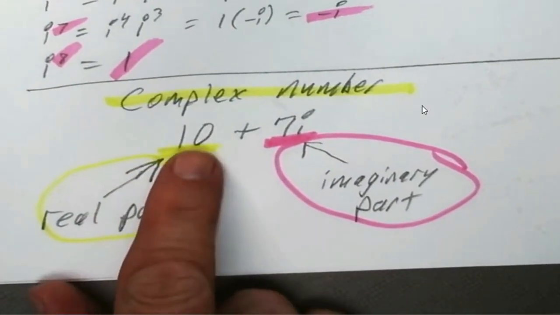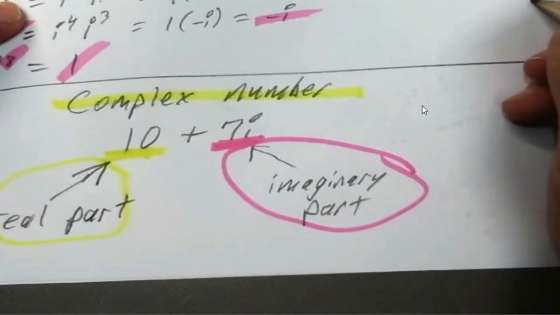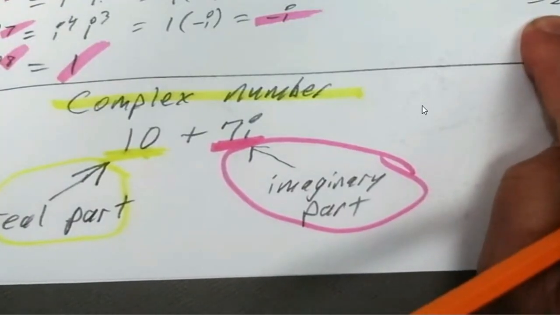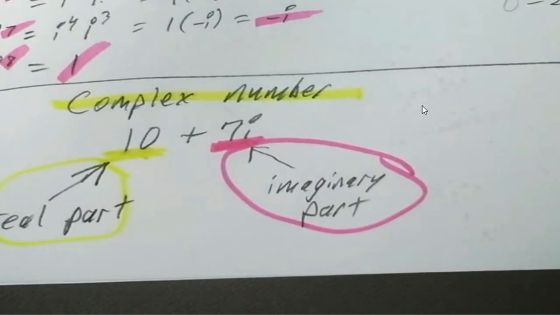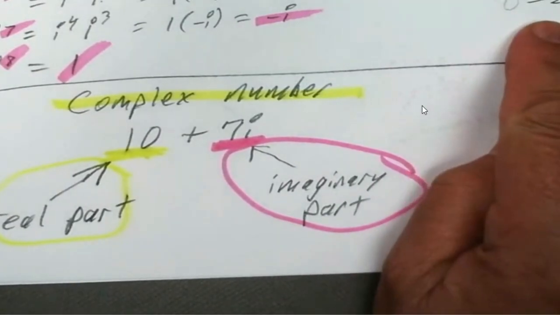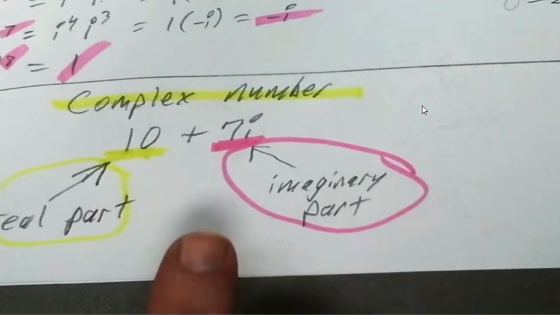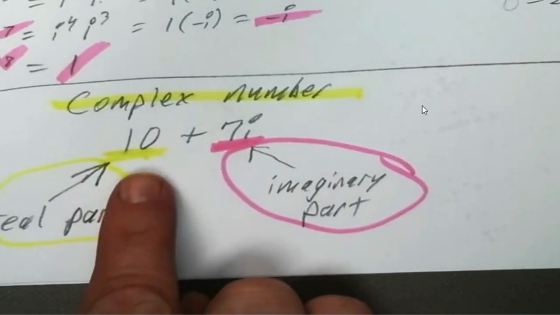Now understand, sometimes the real part may be 0. You may see an imaginary number that's just negative 2i. Well, that means that the real number was just a 0 and we didn't put it. 0 minus 2i. So they just list negative 2i as the imaginary part. But complex numbers have to have a real and an imaginary, even though the real could be 0.